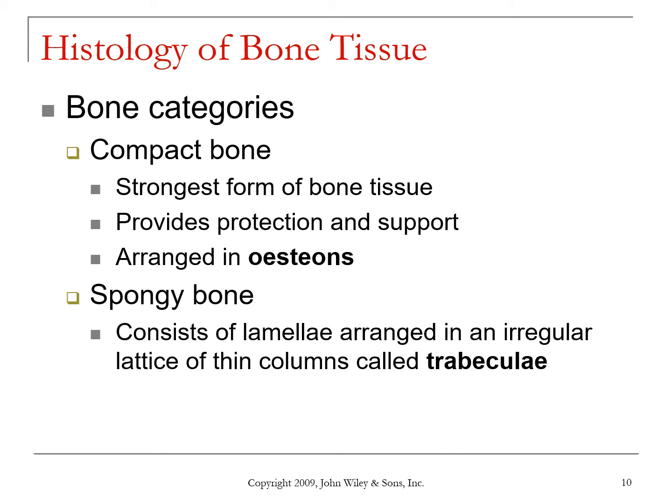The other bone tissue type is spongy bone. It is spongy because it has a lot of cavities. We have layers of bone tissue, but they are arranged in little tufts or columns that form an irregular lattice, and those lattices are called trabeculae.